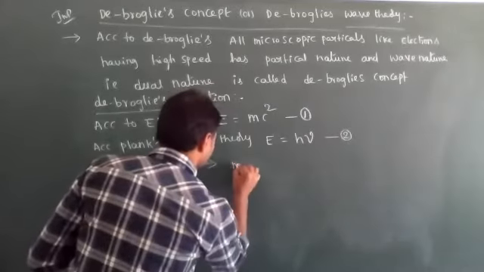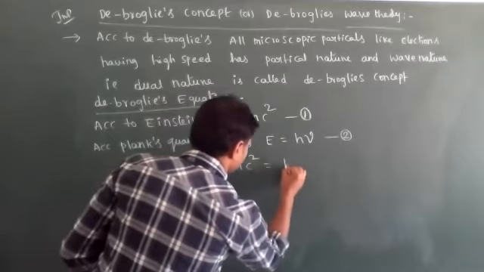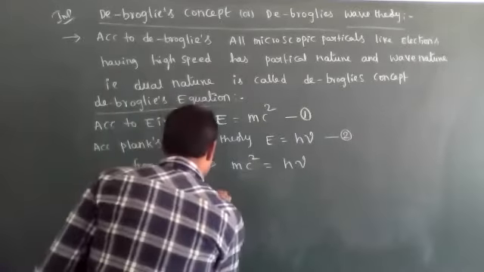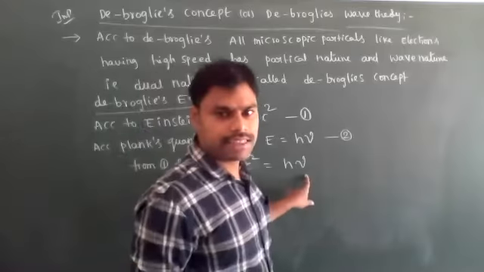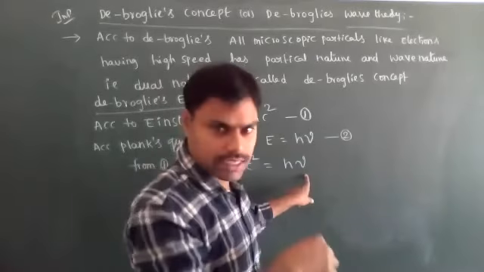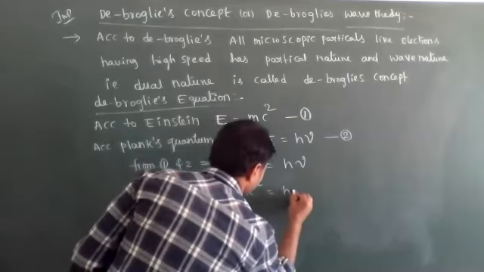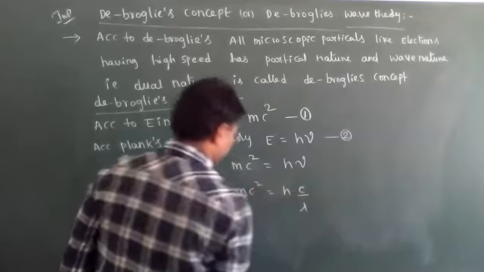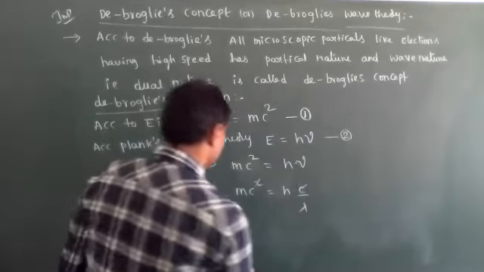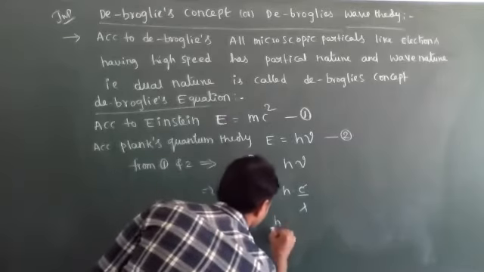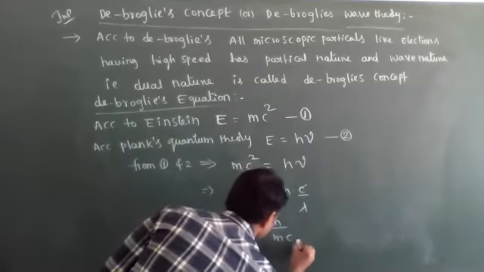From 1 and 2, mc square is equal to h nu. And we know that frequency nu is equal to c by lambda. Here c and c will cancel. From this, lambda is equal to h by mc.